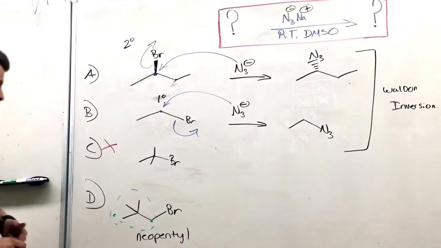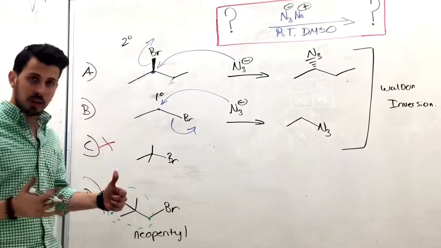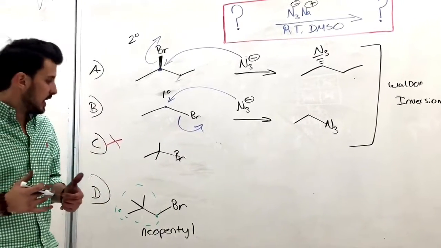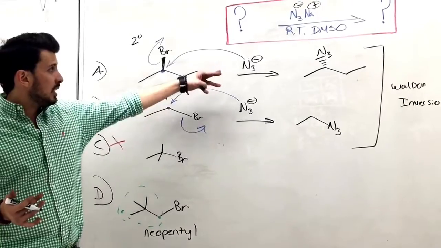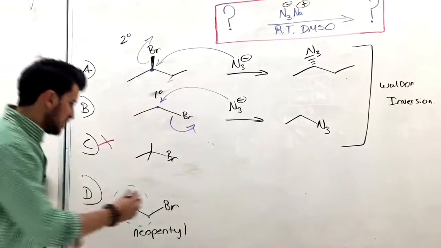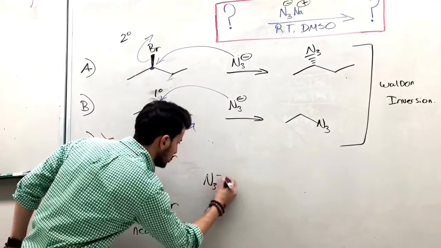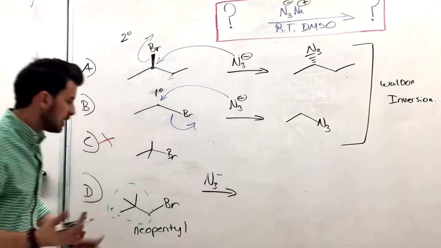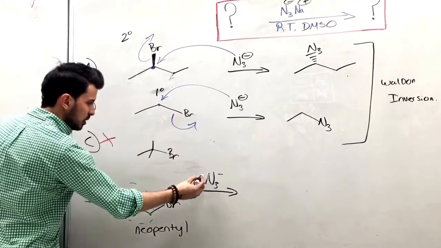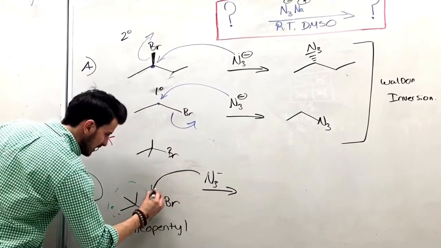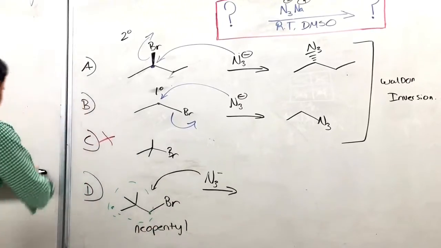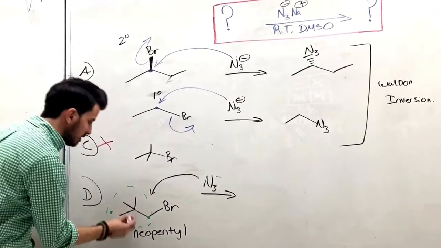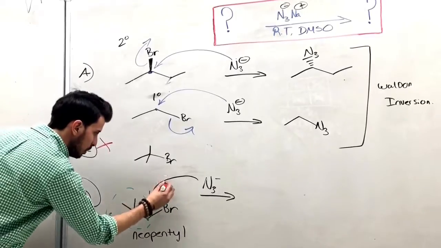Remember, all these carbons are under continual free rotation, and if you think about what that means, when this nucleophile tries to attack this carbon, it's not going to work out because it's going to be blocked by this neopentyl group.